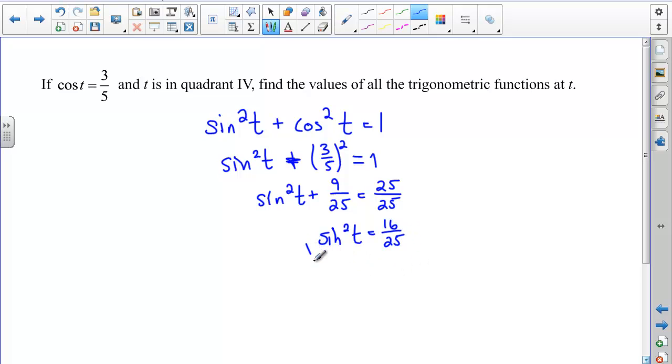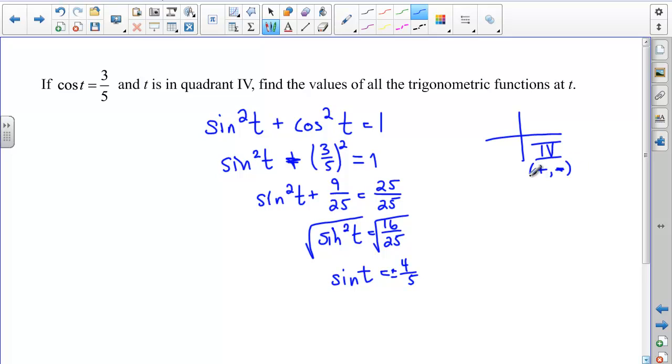Well, if I square root the left side and square root the right side, I know that I get the sine of t is equal to 4/5. Because we took the square root, we're going to put plus or minus. Now, in quadrant 4, we know that the x value is positive and the y value is negative.